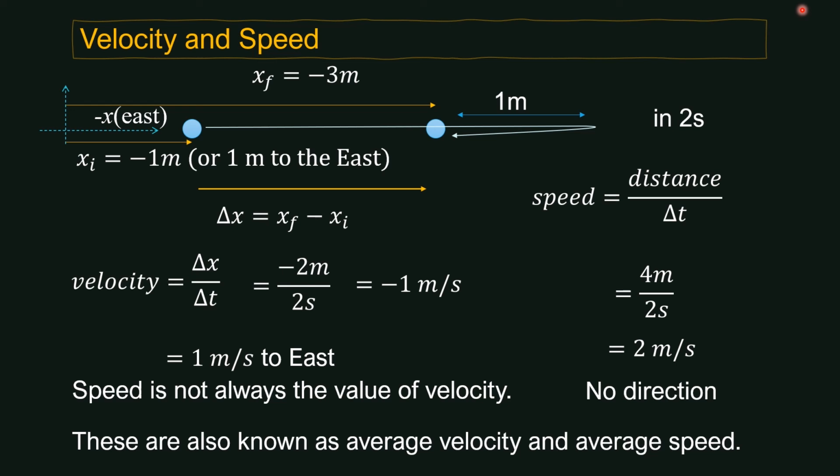The speed calculated in a very short time interval is called instantaneous speed. For those of you who are familiar with the concept of limit and derivative, the average speed becomes instantaneous speed when time goes to the zero limit.